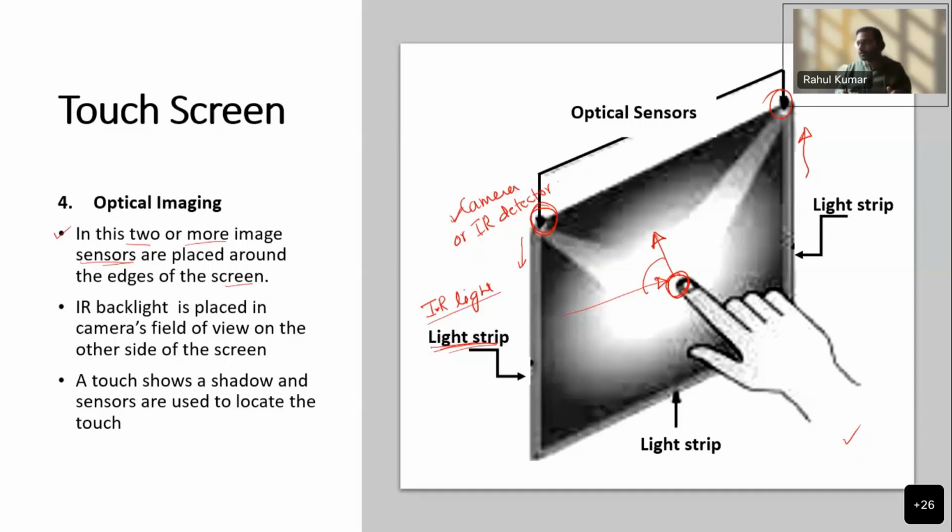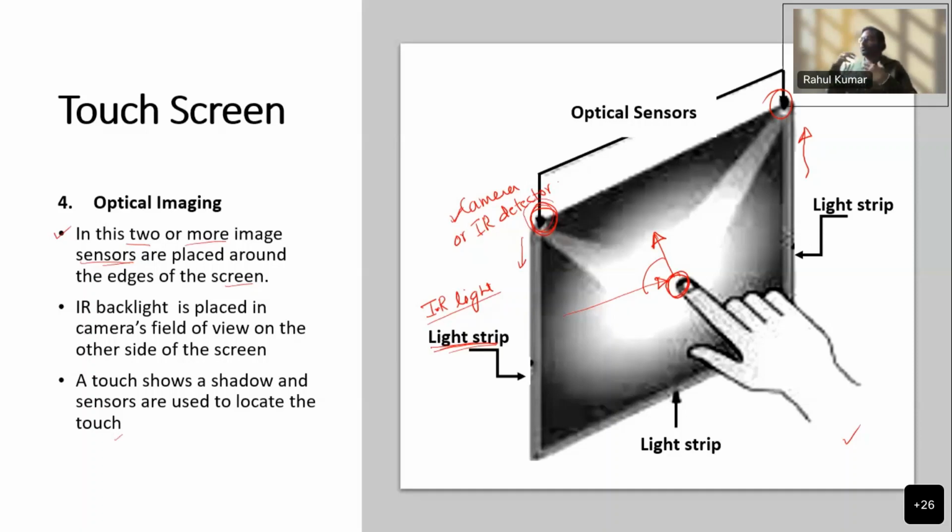So this camera or infrared detector is placed in such a way that it can cover the reflection of light from any point on the screen. A touch shows a shadow, and the sensors are used to locate the touch.